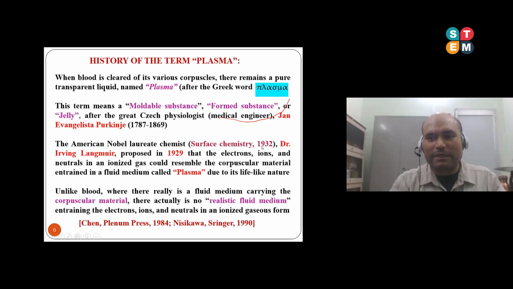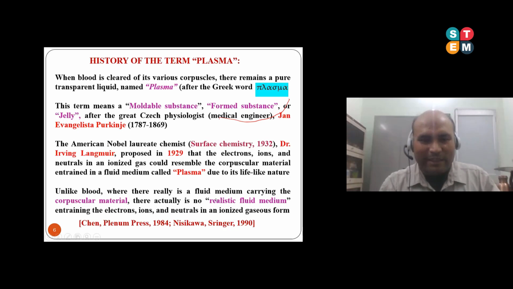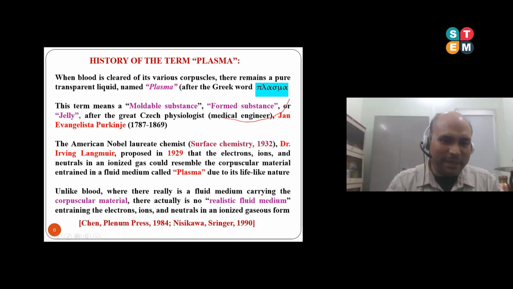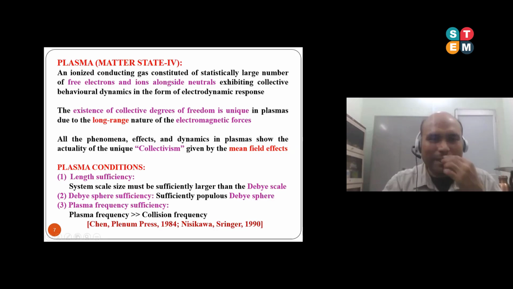He was awarded the Nobel Prize in 1932, and he first coined the name plasma in the world of physics. These are realistic media which have correlation, and henceforth it has been named plasma.